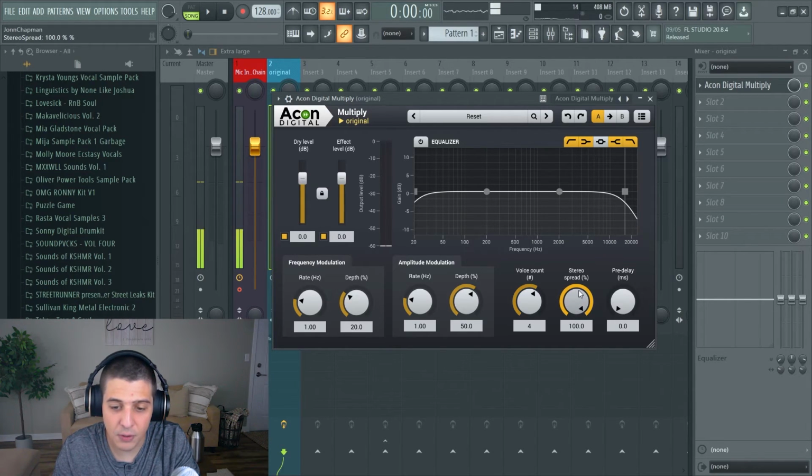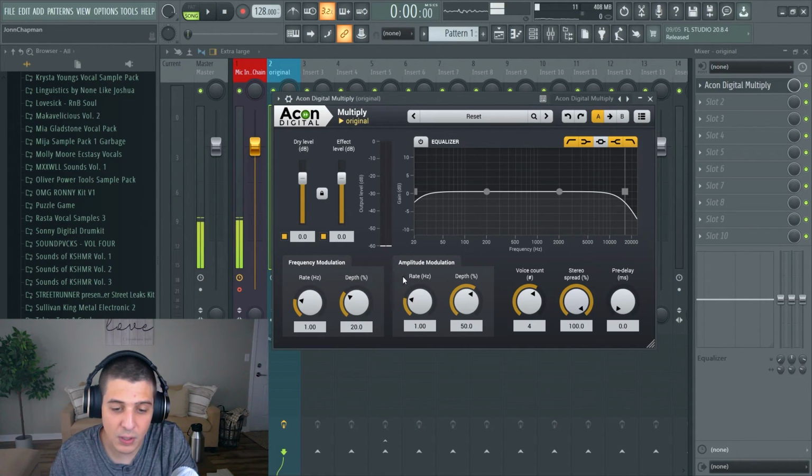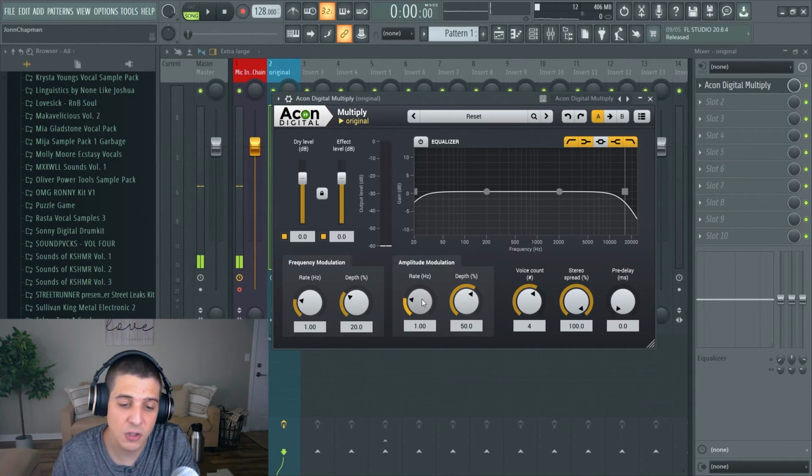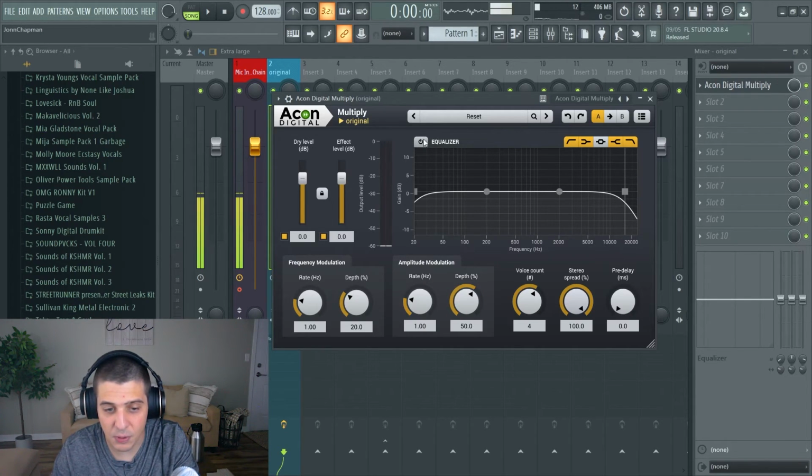Stereo spread, how far they're panned. We don't get to choose for each one, but that's okay. All right. We've got frequency modulation, which means it's going to change the pitches and tones in those, as well as amplitude modulations. It's going to change how loud it is. And that's pretty much going to give us somewhat of the same effect.